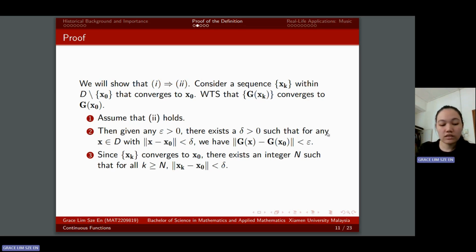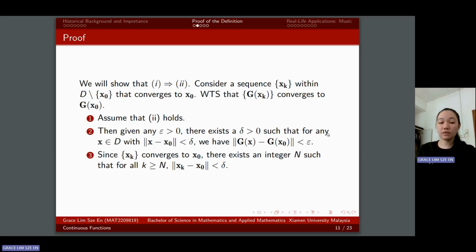And so to understand this, basically, given any epsilon bigger than 0, it's saying that for any small positive number epsilon, this epsilon decides how close we want g(x) to be to g(x0).